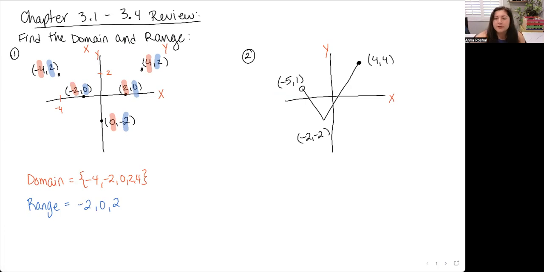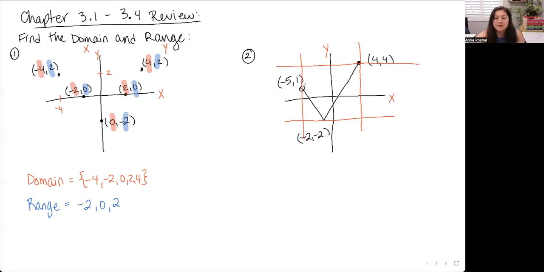When we're looking for the domain in this type of graph, we really want to make sure that we know the very bottommost value and the very topmost value, and then the value most on the right and the value most on the left. So we're kind of creating this little box, if you will, of where my graph starts and stops.